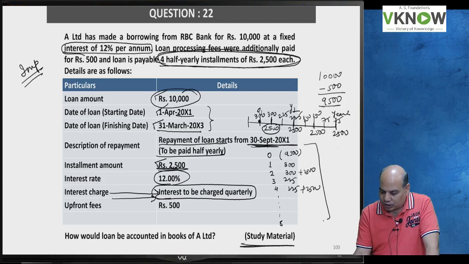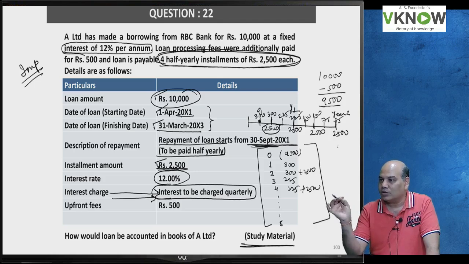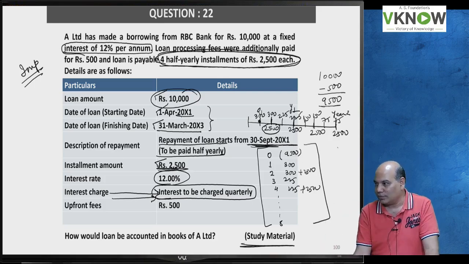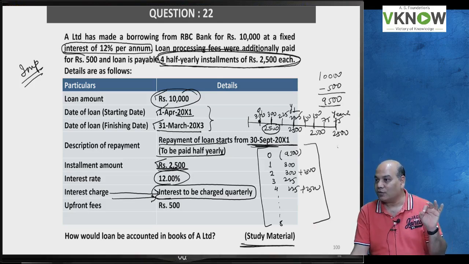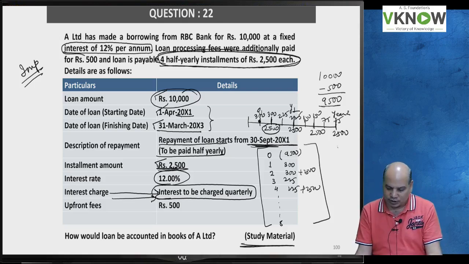First you will compute IRR, which will be based on 1 quarter, 3 months, and then multiply by 4 to get the yearly EIR. So this time you will compute IRR, which will be EIR for 1 quarter, and then based on that you will do the further accounting. 500 is upfront fees. This is already mentioned here.